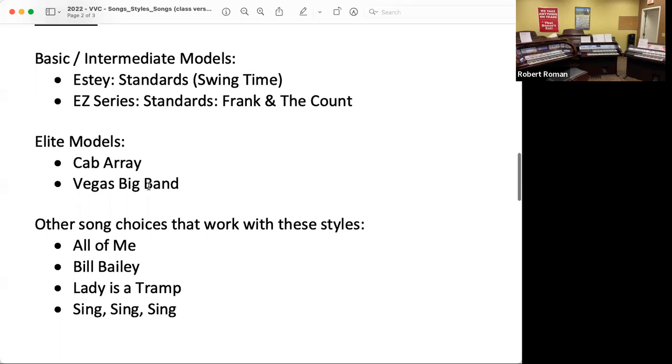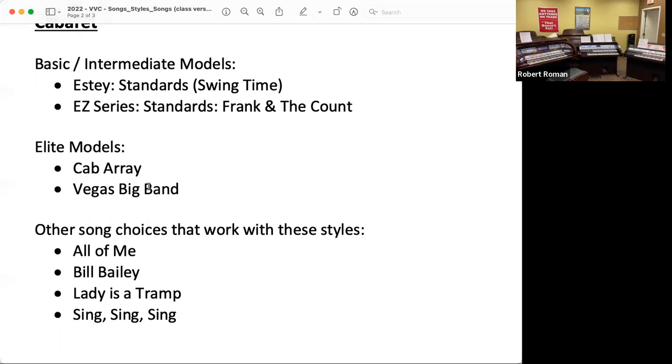So the trick with this is that over time, as organs were introduced, some models would, like our little small Easy organ has Frank and the Count, but the Royale doesn't. But the Royale has Vegas Big Band and the Easy doesn't. So that's why you want to write down all these styles, because depending on the model you have, you'll find it. Now, Cabaret originally came out on the Marquis.